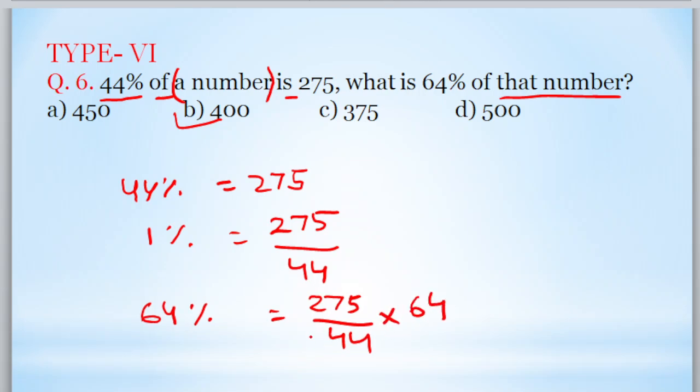When 44 is cancelled by 4, it becomes 11, and when 64 is cancelled by 4, it becomes 16, and when 275 is cancelled by 11, it becomes 25. Then 25 into 16 is equal to 400. That means your option B is the right answer.